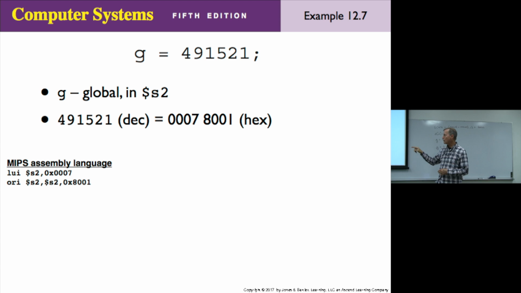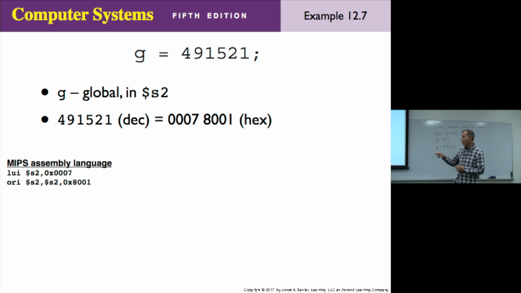It's load upper immediate 0007 into register S2. We are assuming that G, the global variable, has been assigned register S2 by the compiler. What that load upper immediate does is set the upper half to 0007, and it zeroes out the lower half.